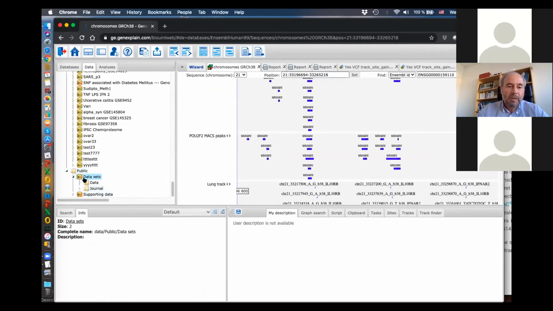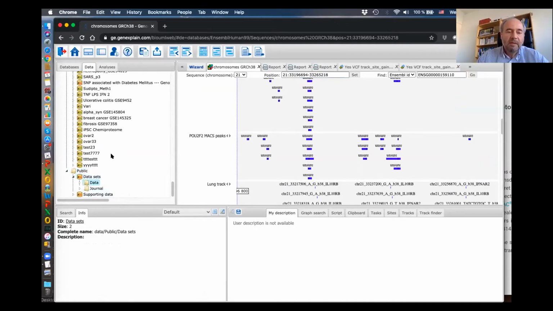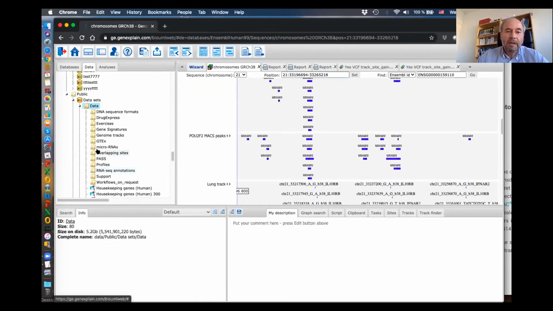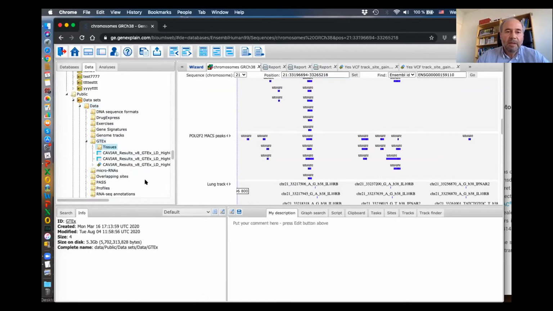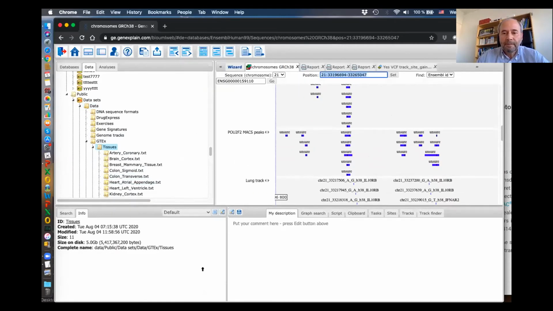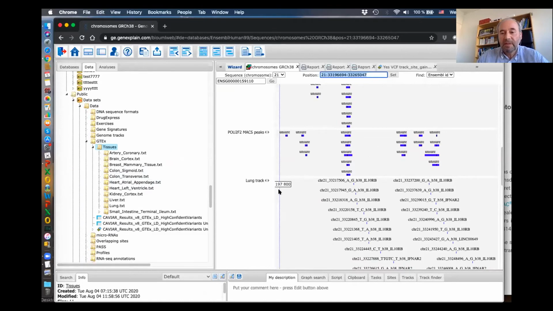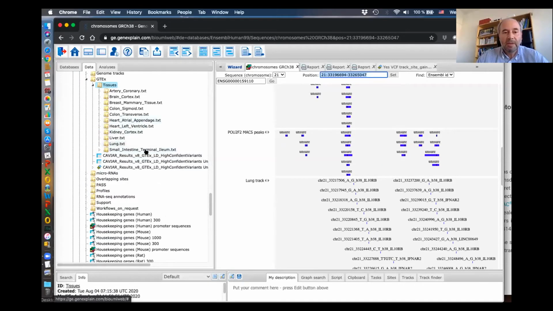So those are SNPs which are correlated with expression of genes. So this GTEx database. And in that database, in different tissues, it gives the list of SNPs which are correlated with the expression of different genes. And we can take those SNPs and plot them here.